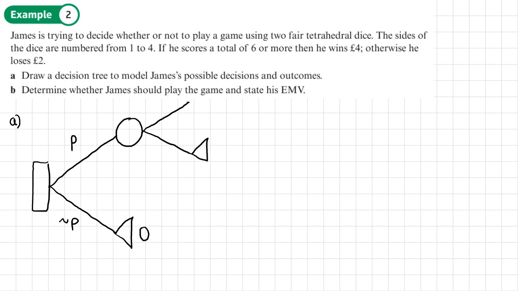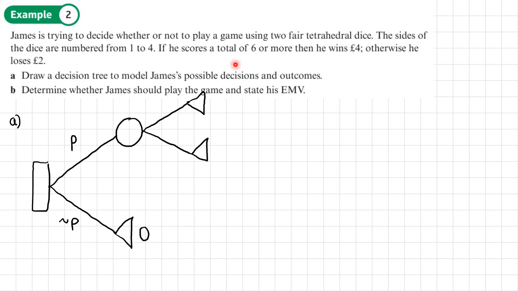And from that, we can decide what we're going to do. Are we going to play or not play? And in here, we'll put the expected monetary value, the EMV, and that's going to help us decide whether to play or not play. If we're going to play and lose money, we might decide that our best option is to not play. So he's rolling these two fair tetrahedral dice.